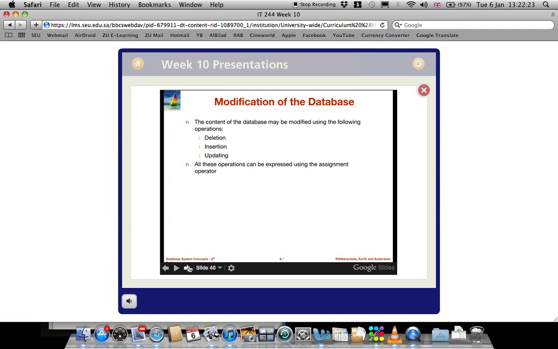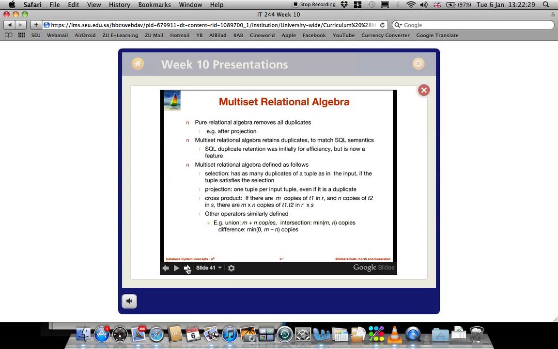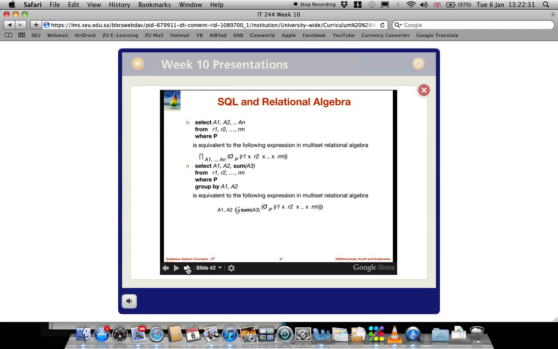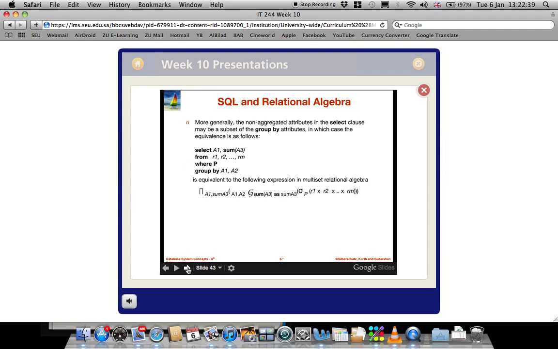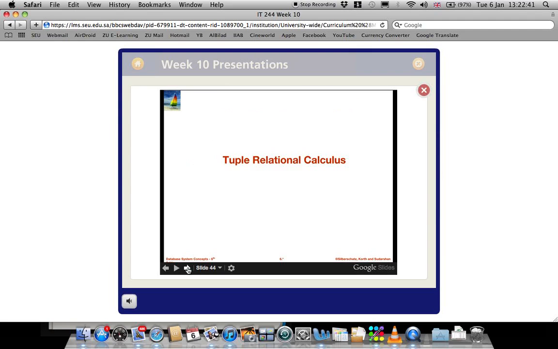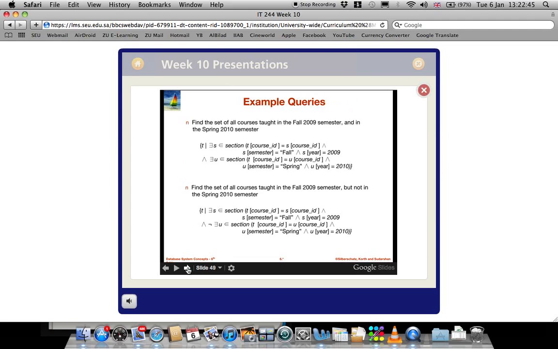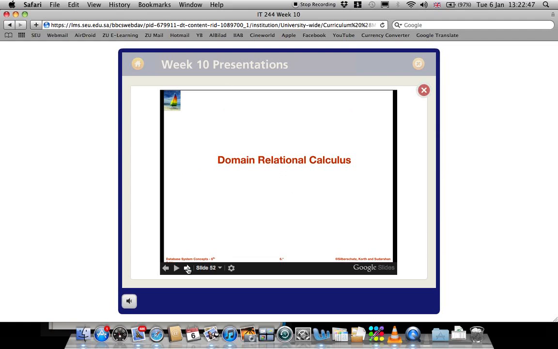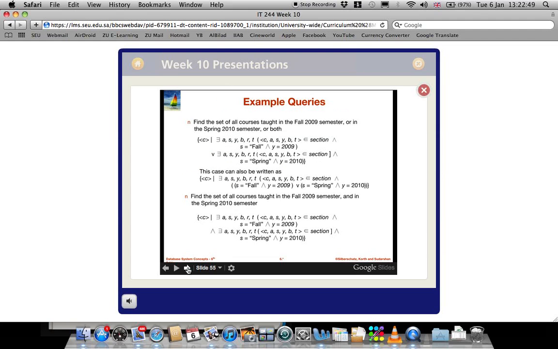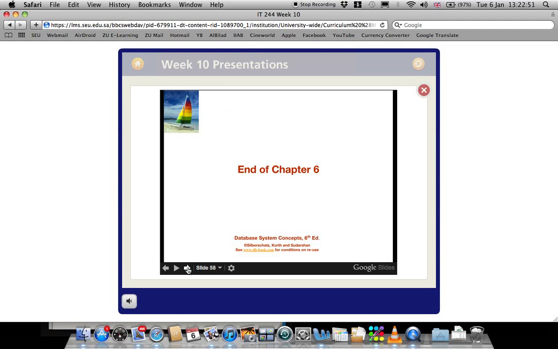Modification of database, don't worry about it yet because it will come in SQL, in the next topic. That's it, don't worry about the rest.